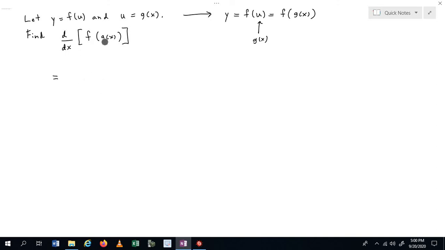Well, f composed with g of x is the same as y. So the derivative of this composition is the same as finding the derivative of y with respect to x.